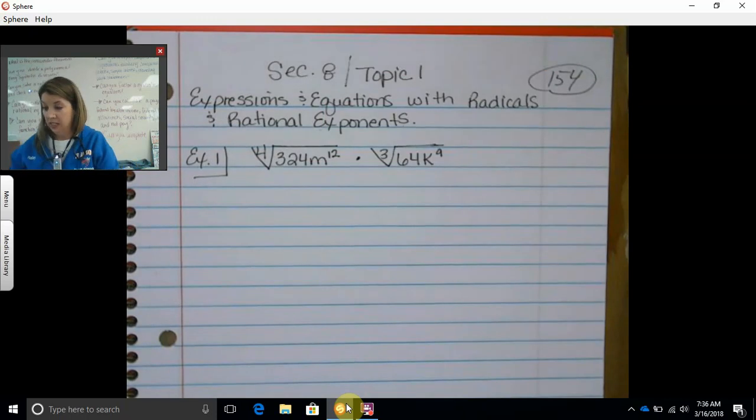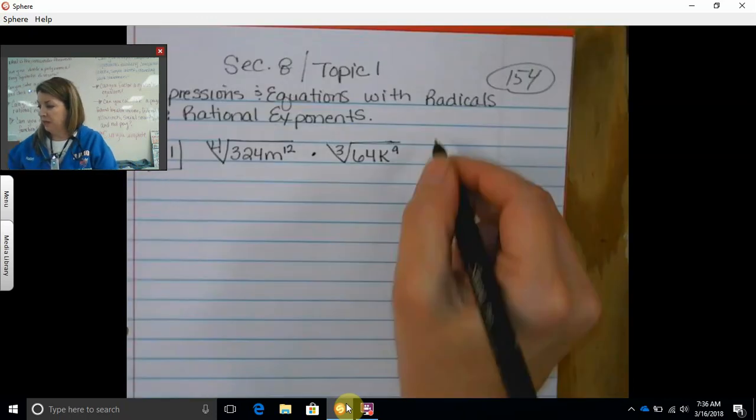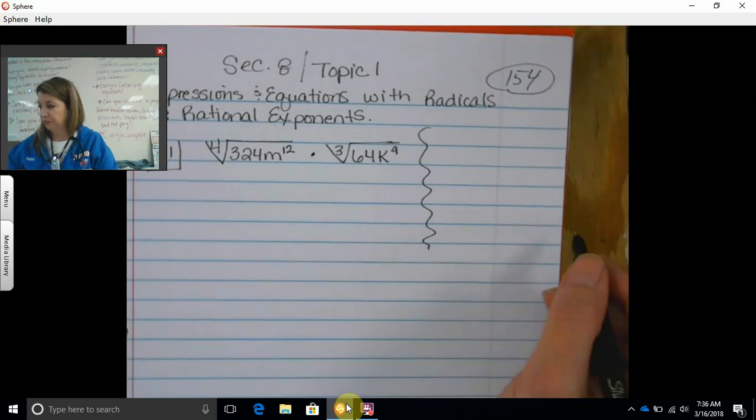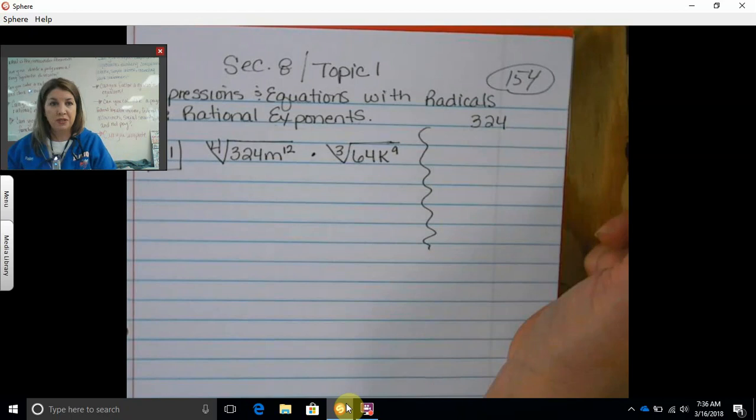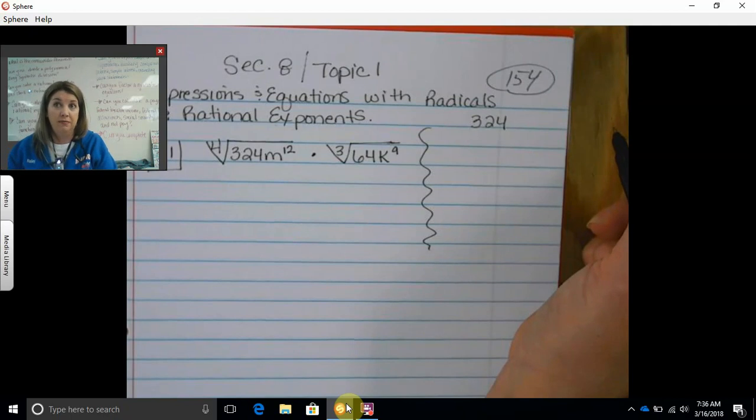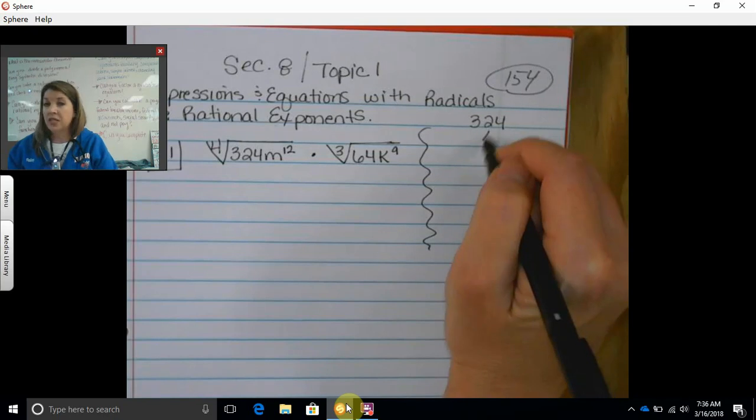That's how I do it. So I'm going to make myself a little workspace over here. We've done factor trees in here before. What I want to do is break 324 down to all of its prime factors and see if it has a perfect 4th root in it, like a factor that's perfect. A lot of kids get confused.